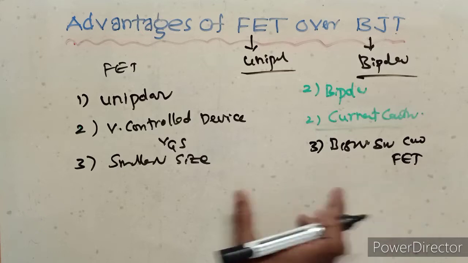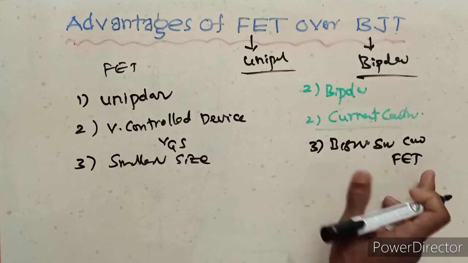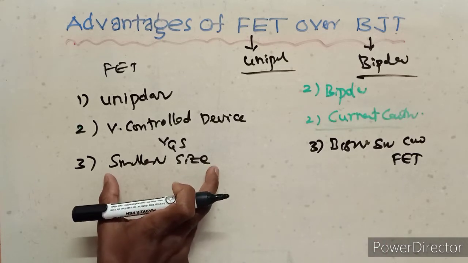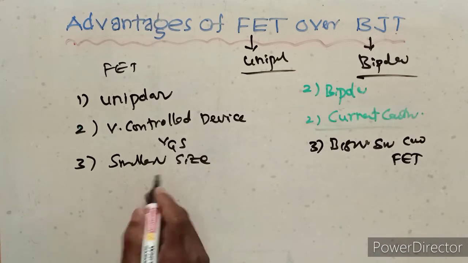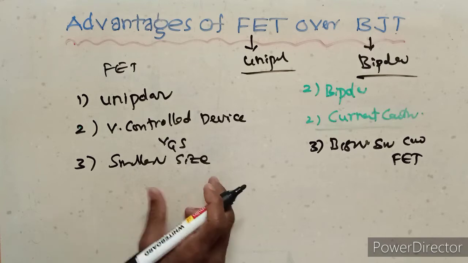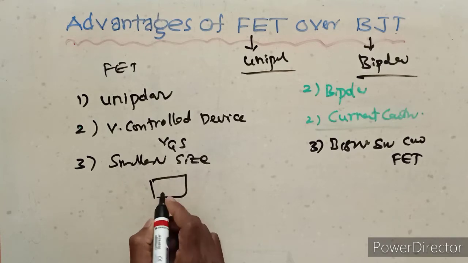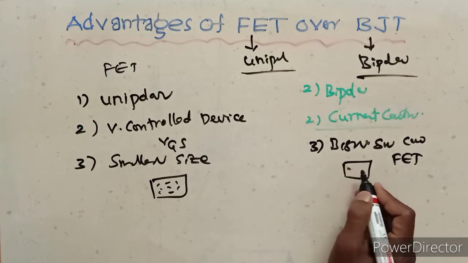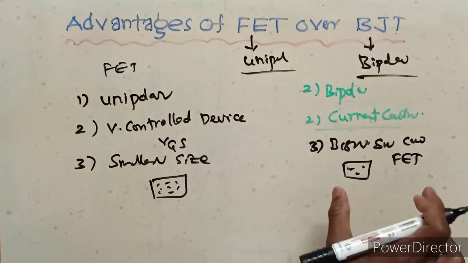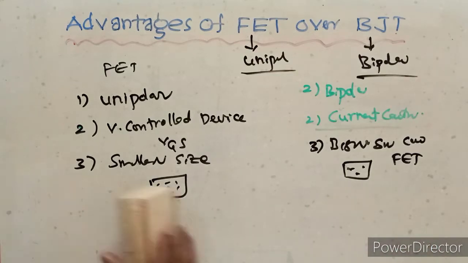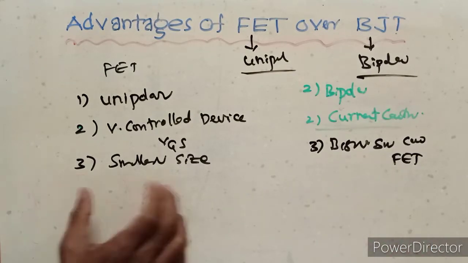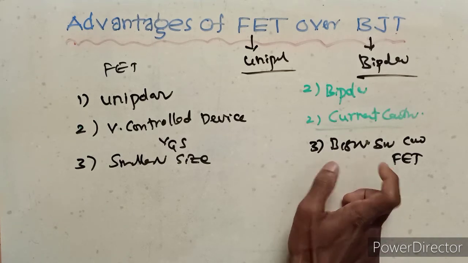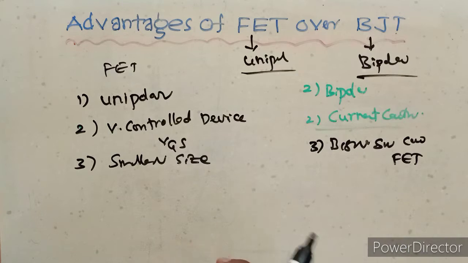A large number of FETs can be fitted in a small volume, whereas only some BJTs are available in the same volume. So this is the smaller size, but this is the big size compared to the FET.